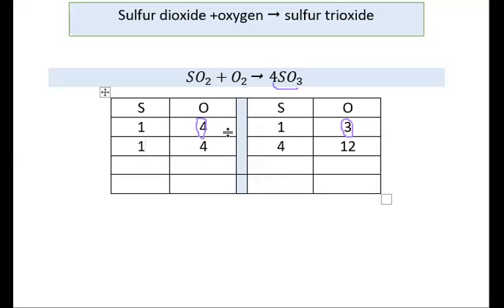So what do I need to do to sulfur on this side to bring it to a 4? And you all can answer this. It's simple. I need to times it by 3, but don't just tell me 4 or 3. Give it to me in a chemical formula.